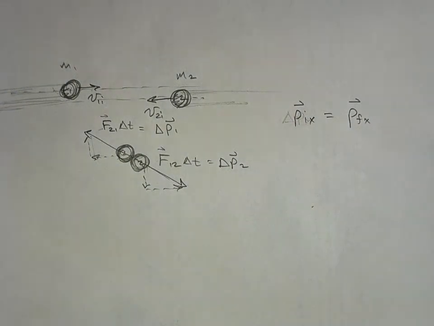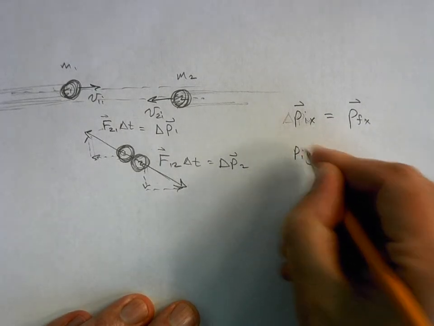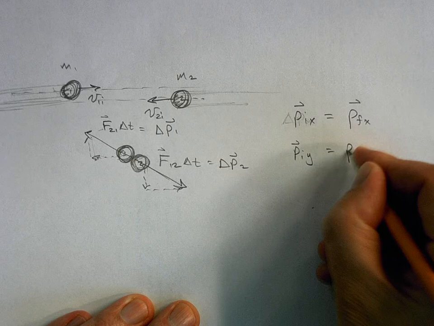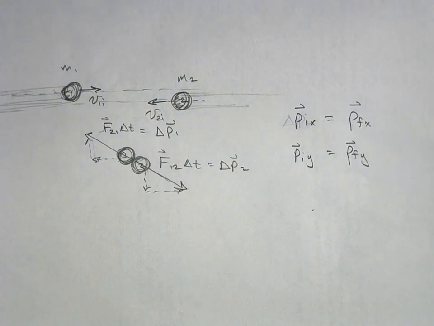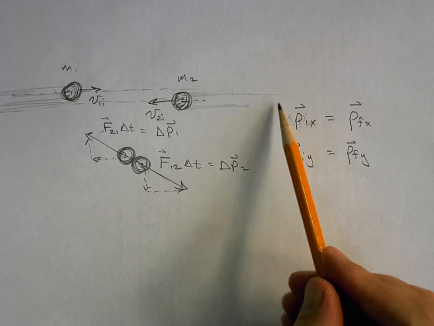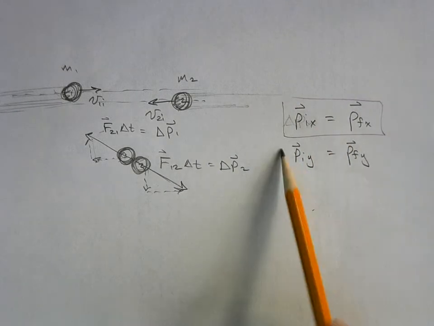So you can treat the x direction completely separate. And the initial momentum in the y direction equals the final momentum in the y direction. So now it's just twice as complicated. You have this equation and this equation.